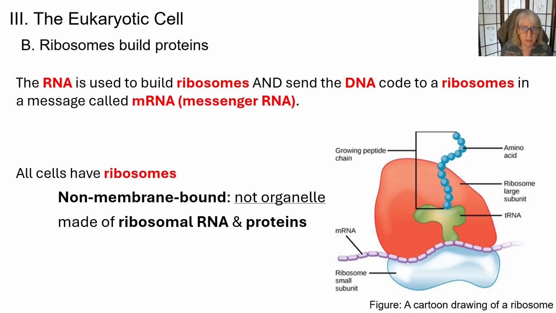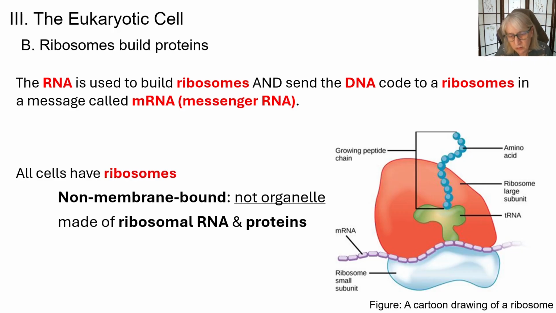conversion into a protein. The DNA is read inside the nucleus. It's converted and transcribed into a little tiny message called messenger RNA, a short segment of RNA that's small enough that it can leave the nucleus itself.